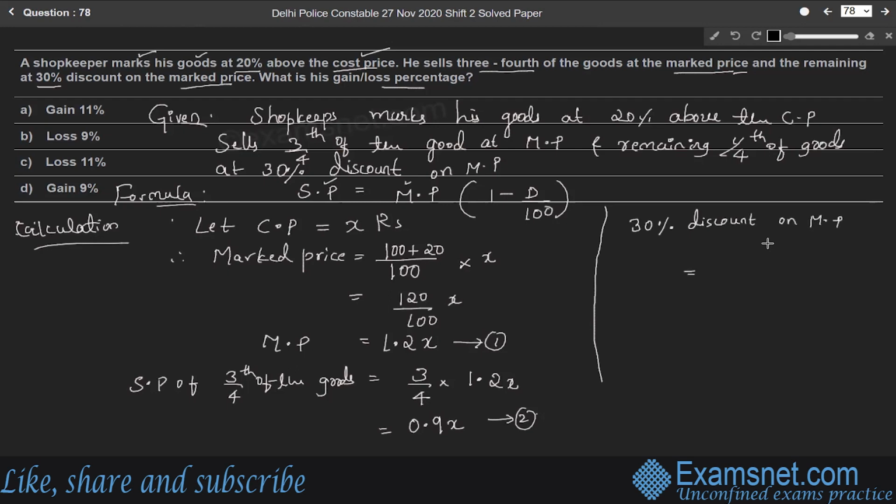Here, market price is 1.2X, and 30% discount on that means for 100 market price, 100 minus 30 will be the price, right? So for 1.2X market price, after 30% discount it is 70 by 100 into 1.2X.